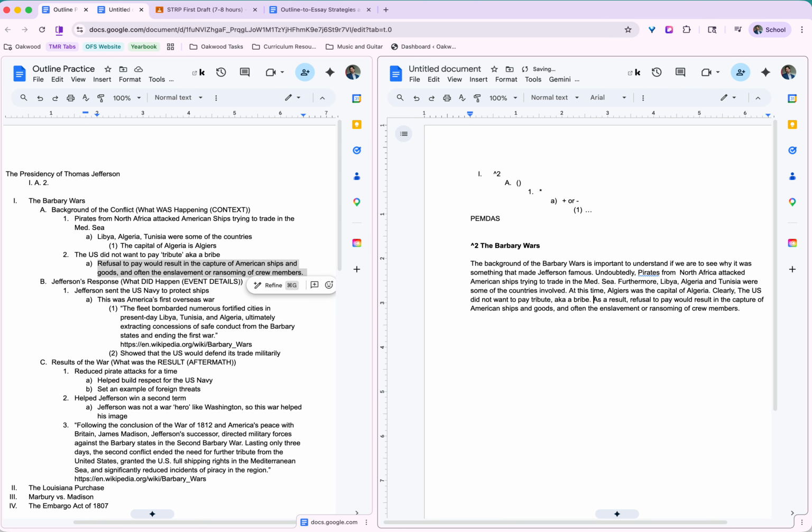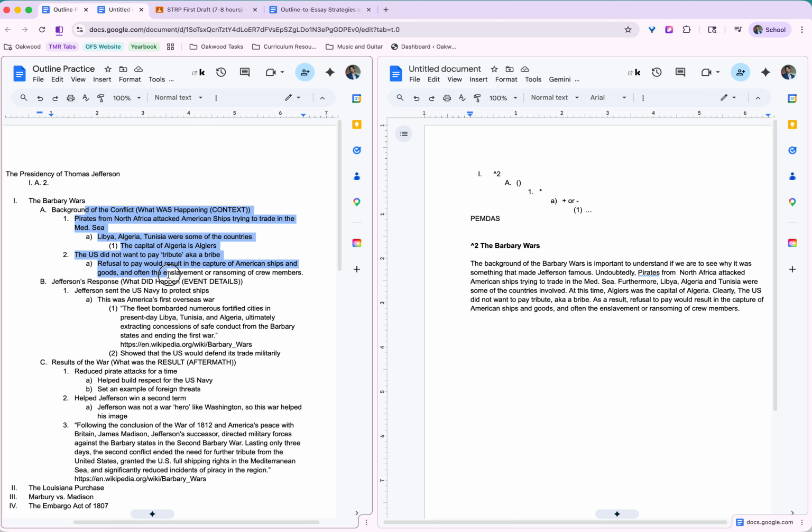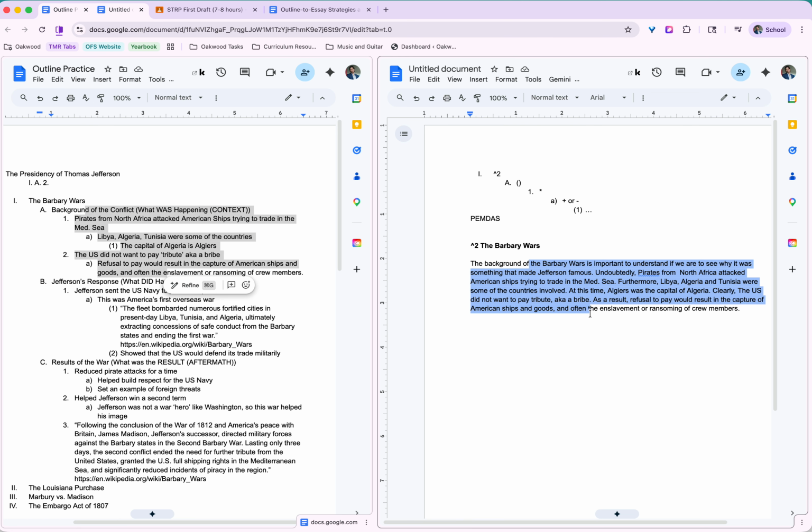would result. Now we can see that these sentences aren't great, but that's okay. Because what we've done is we took our ordered sequence ideas that we had over in our outline, and we converted it into something that is sentence-based that actually follows that same sequence. From here, we can go back through and figure out how to tighten up this paragraph a little bit. So for instance, right here, we have as a result, the refusal to pay would result.